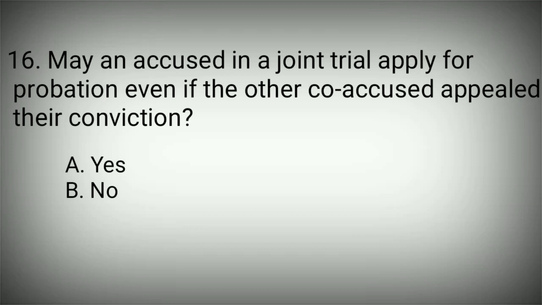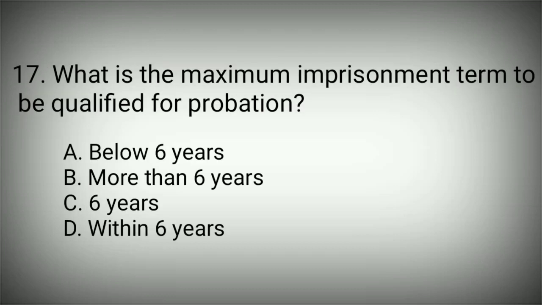May an accused in a joint trial apply for probation even if the other co-accused appealed their conviction? A. Yes. B. No. 17. What is the maximum imprisonment term to be qualified for probation? A. Below 6 years. B. More than 6 years. C. 6 years. Or D. Within 6 years.